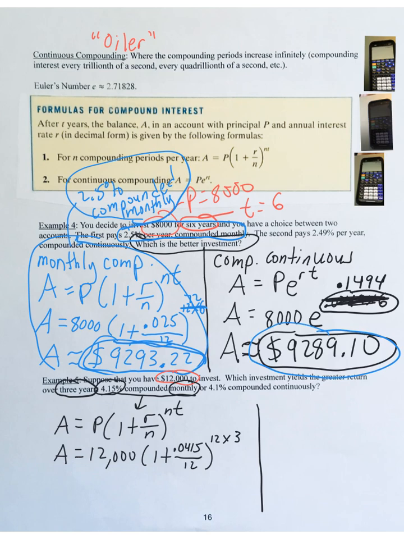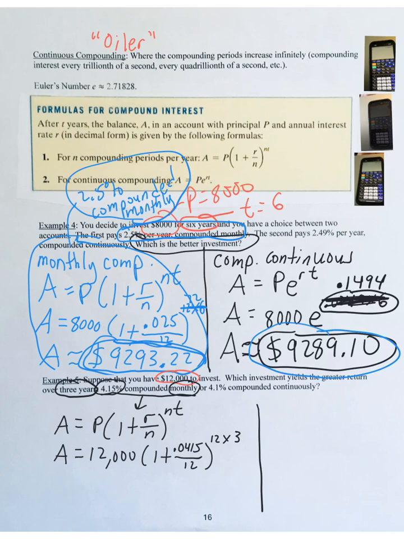And I know I'm going kind of fast because we have done a bunch of examples of plugging into R and T. But if at any point you want, you can always pause the video and go back over what I just wrote. But that's how it looks after the initial plug-in.